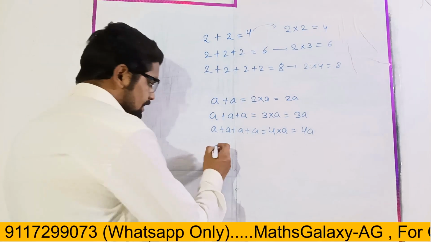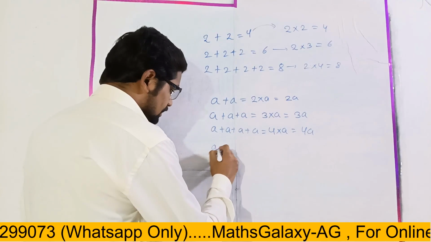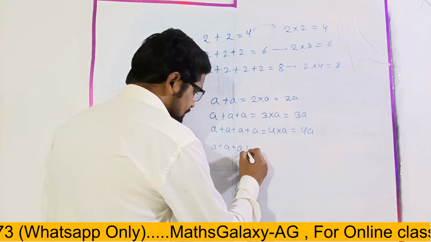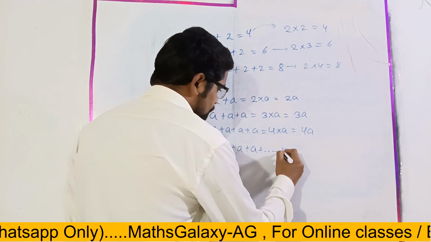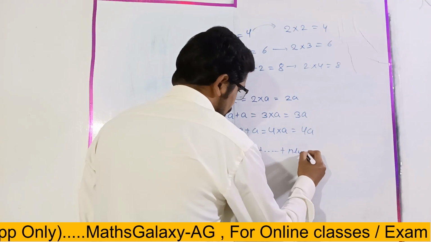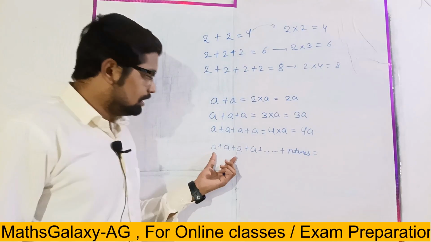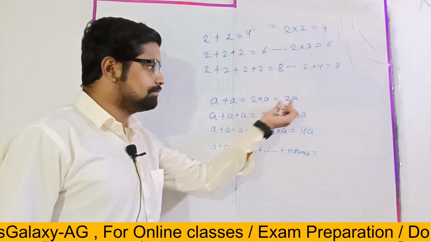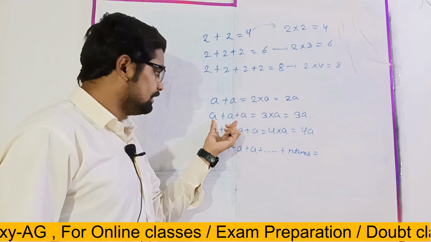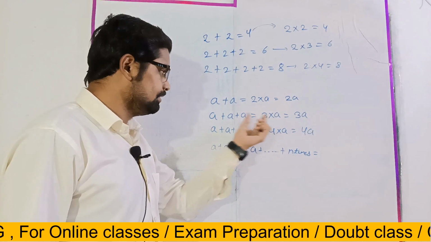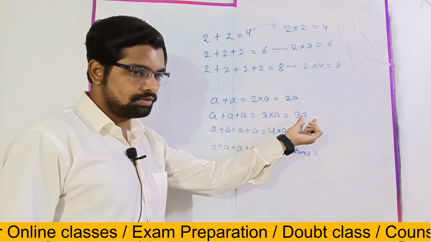For n terms, a plus a plus a plus a, dot dot dot, plus n times. How many times? n times. As here a is 2 times, it is written 2a. When a is added 3 times, it is written 3 into a, 3a.